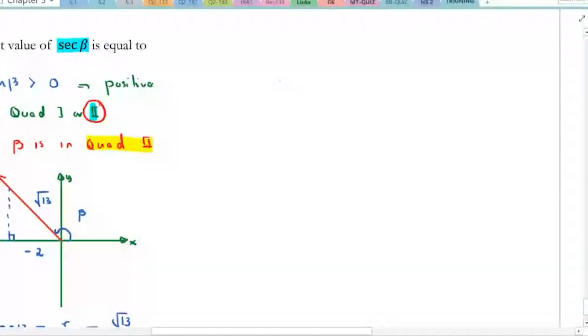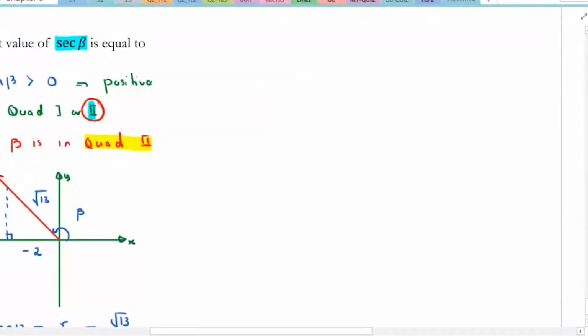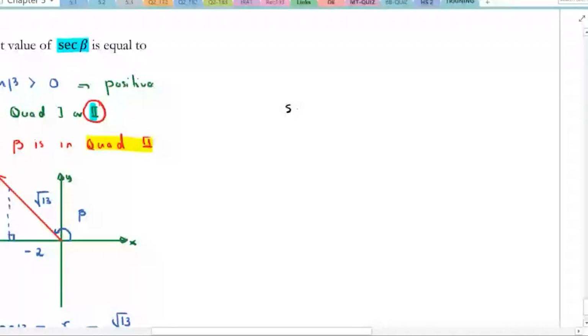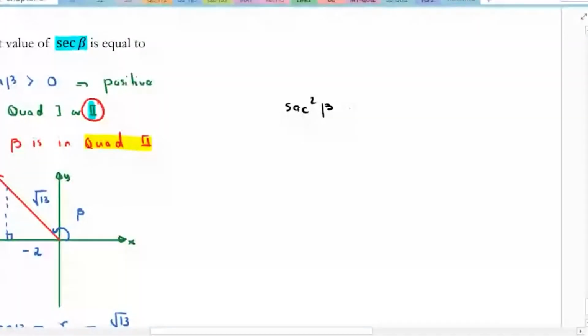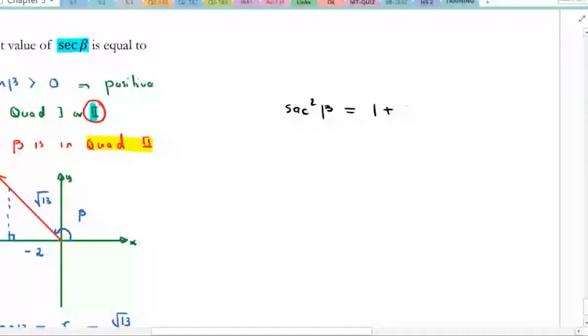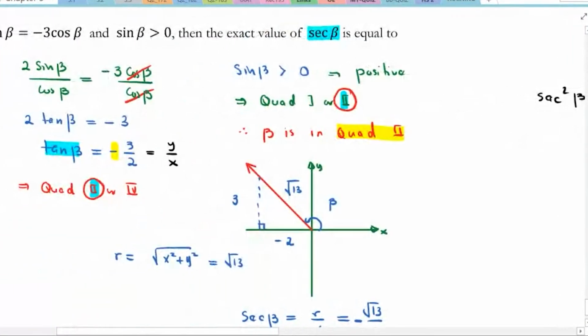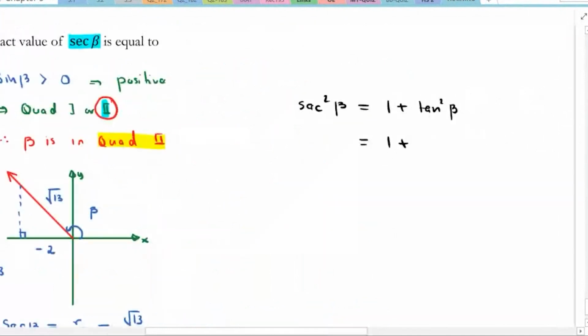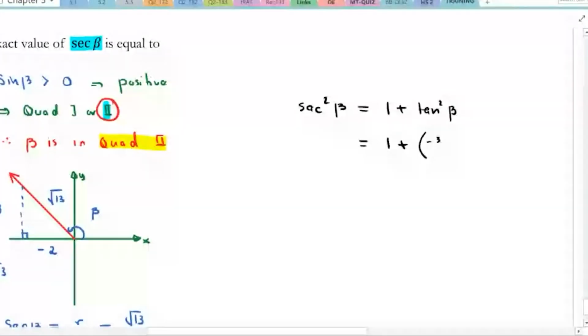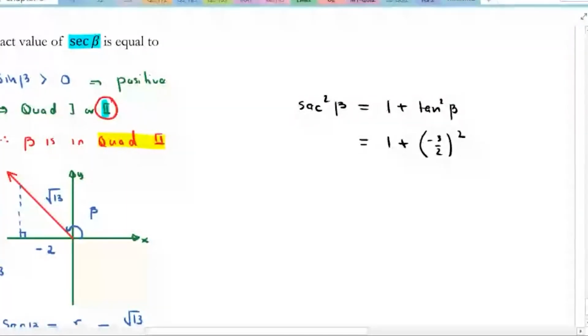We know that secant squared of beta is equal to 1 plus tangent squared of beta. So this will be equal to 1 plus, what is tangent given to us from the question? We have minus 3 over 2. So we put here minus 3 divided by 2, all squared.